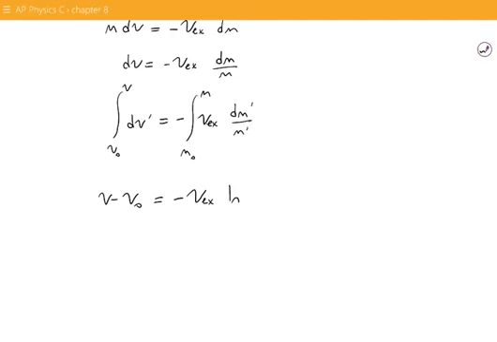So we can use the logarithm rule to say that that's just natural log m over m naught, instead of writing natural log m minus natural log m naught. And we can also suck this negative sign up into an exponent there, so we get v minus v naught equals the velocity of the exhaust natural log original mass over final mass. And that gives us a nice expression for the velocity.